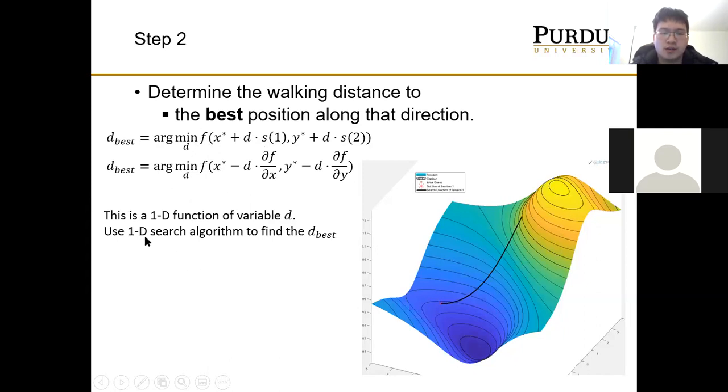So what are the 1D algorithms? We already know. Give me some names. What algorithms can we use to solve this kind of 1D problem? How to solve this 1D problem? No idea?